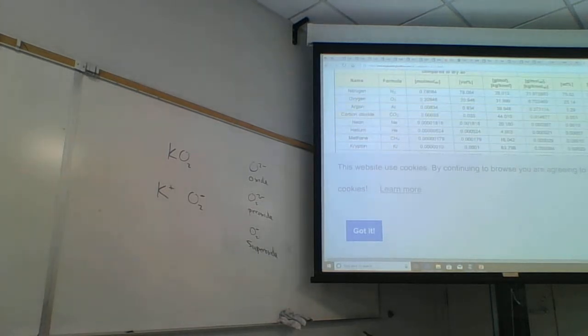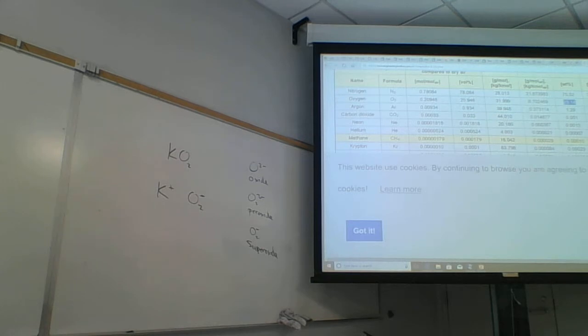The mass percent, in the engineering toolbox, they call it weight percent. So if I look at the weight percent, it's right here. Do you see it? Air is 23.14% oxygen by mass. So air is 23.14% O2 by mass. And so what that means is I have 23.14 grams out of 100 grams.